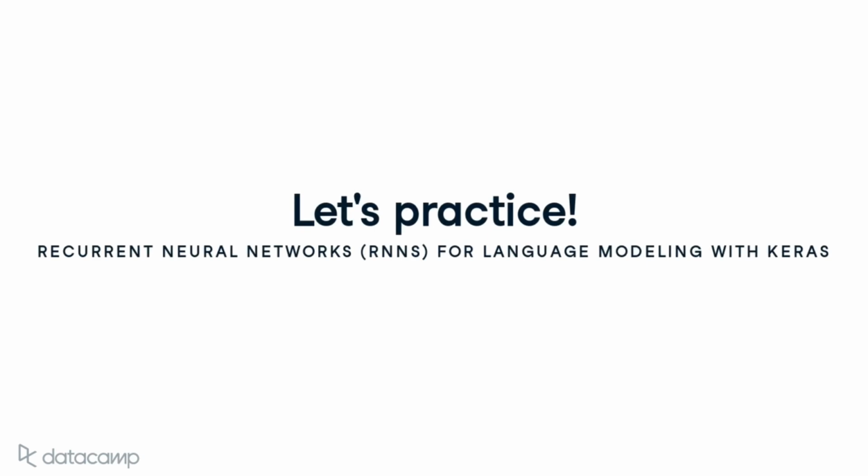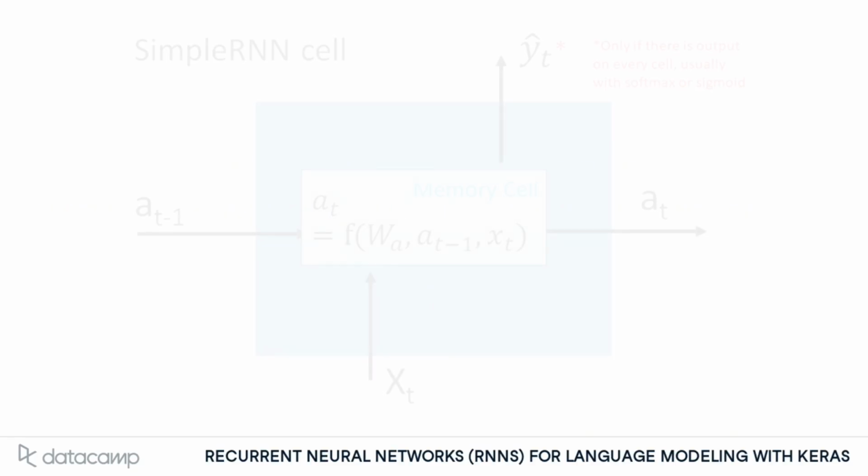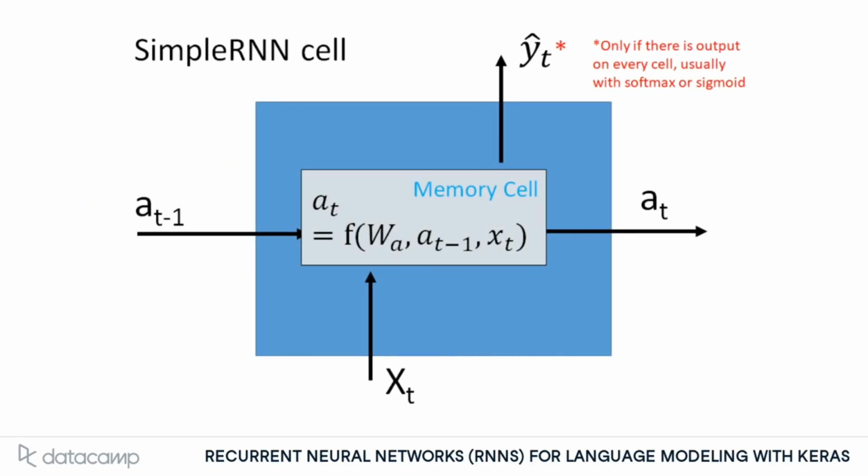You learned about the vanishing or exploding gradient problem. In this lesson, you will learn about two different RNN cells that will achieve good results in language modeling and solve the vanishing gradient problem. Let's first have a detailed look at the simple RNN cell.